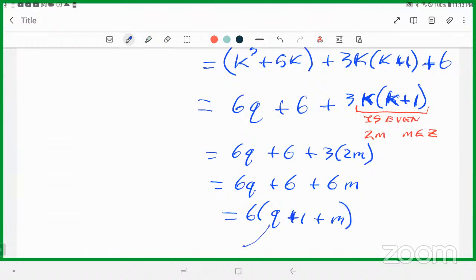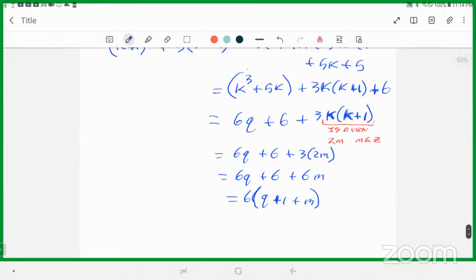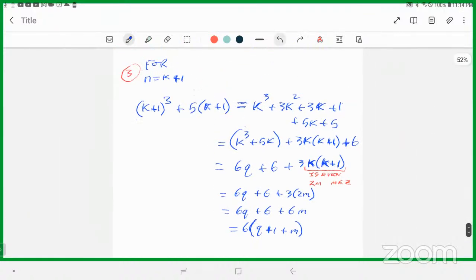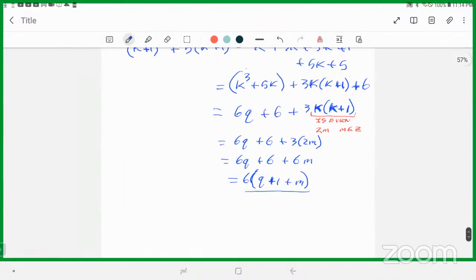Now, q is an integer and m is an integer, and this is 1. So it means that everything here is an integer, and therefore it has been shown that P(k plus 1) is true because we have shown that it is equal to a multiple of 6. See that? Because inside is an integer.